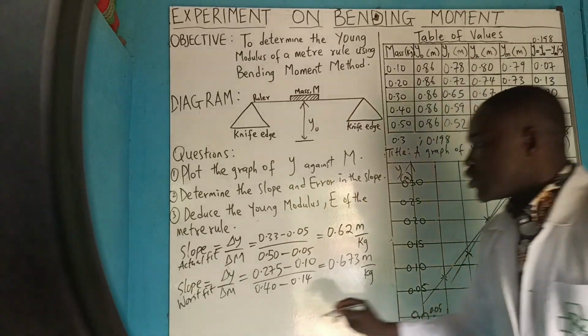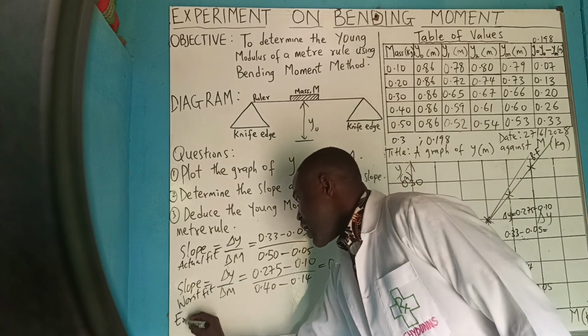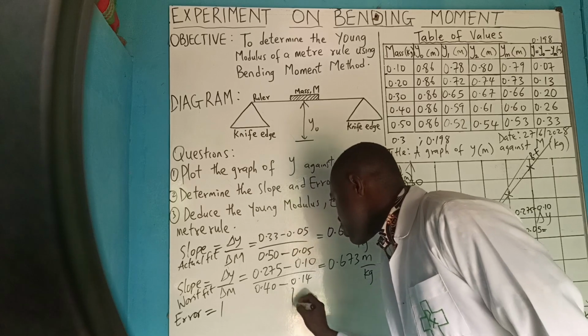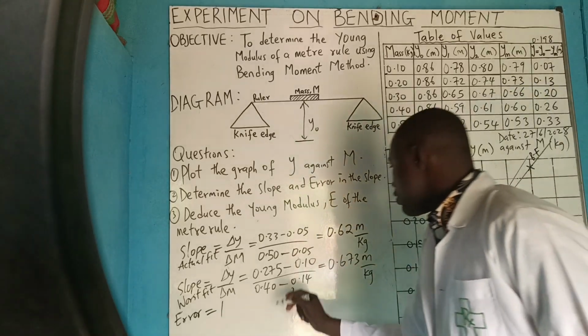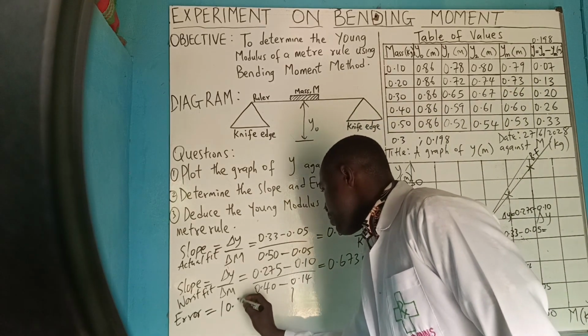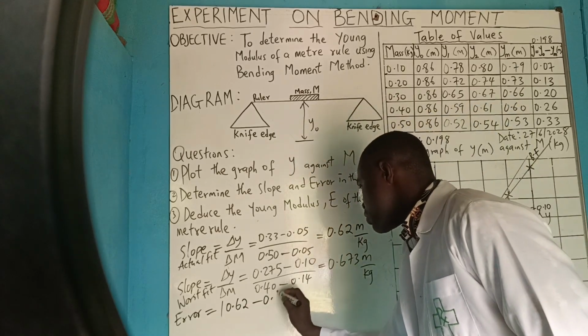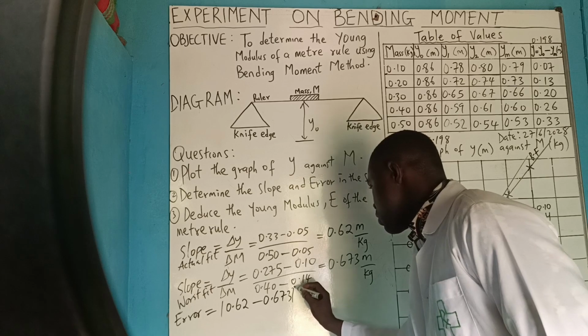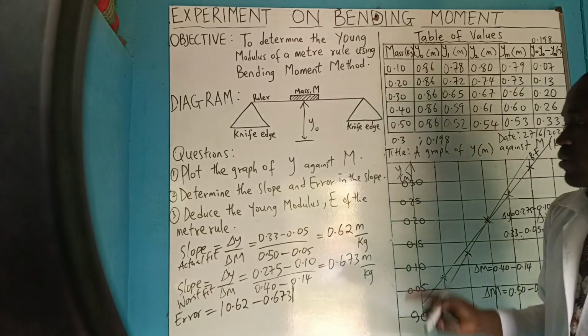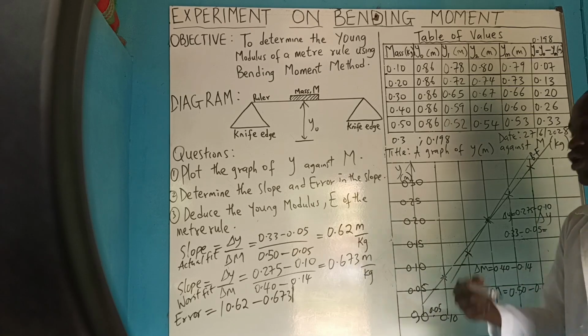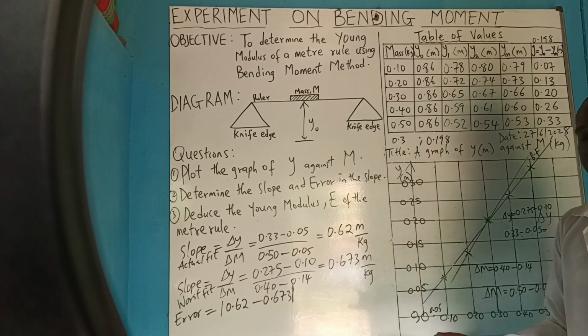And so your error in slope will be equal to the modulus of the best fit slope minus the worst fit slope, or worst fit slope minus best fit slope. Anyone can go first.